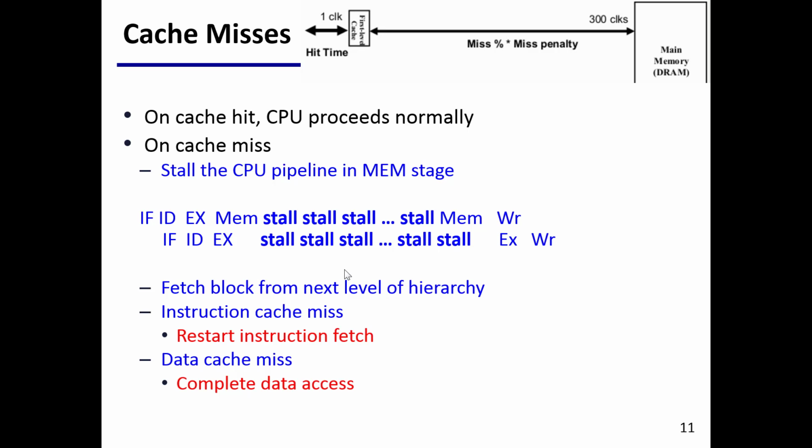The reason that the authors of the textbook and the architects that designed these processors chose those 5 steps is because ideally they all take about the same amount of time, right? So in other words, execute is add 2 numbers, memory is load or store, write back is write a register, right?